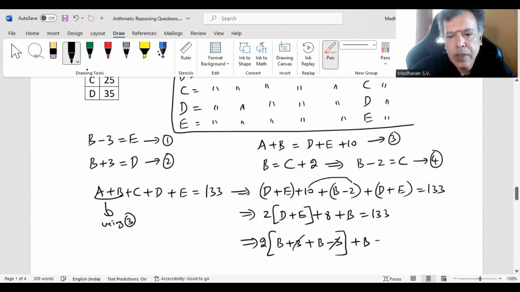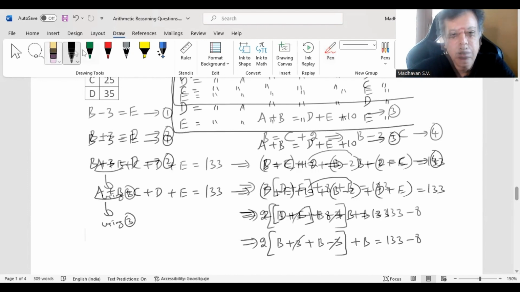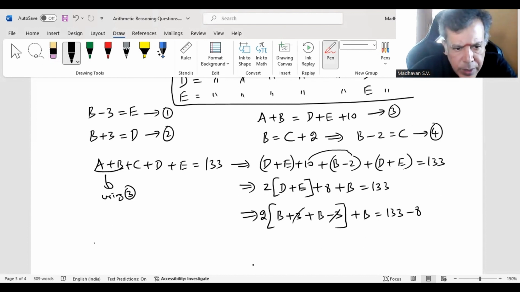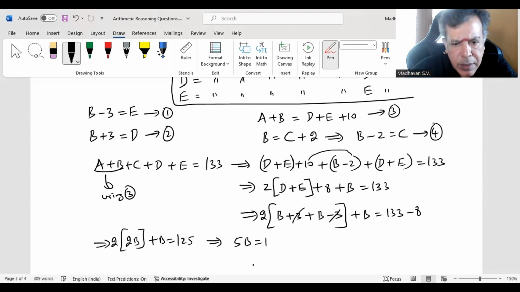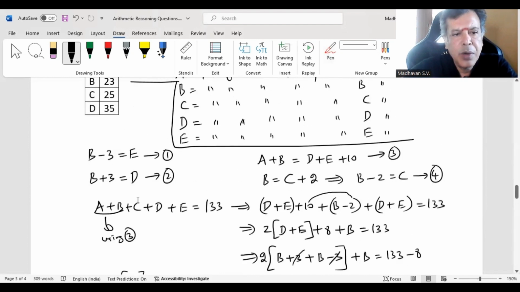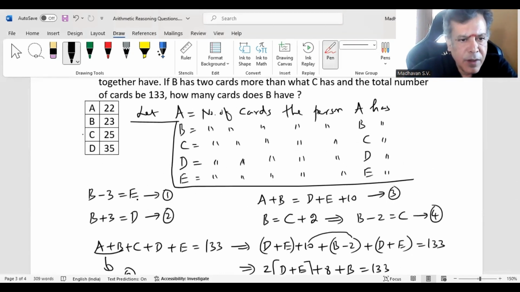Plus B is equal to, taking that 8 to the other side, 133 minus 8. Let me redo it: 2B plus B is equal to 133 minus 8, which is 125, which means 5B is equal to 125, so B is 125 by 5, which is 25. So the number of cards B has is 25.